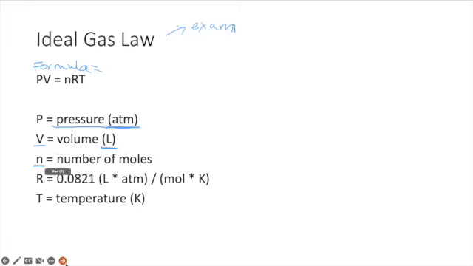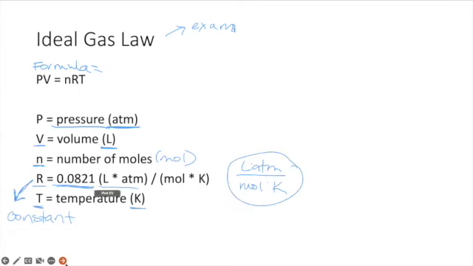N is the number of moles, where mole is the unit. R is this constant value. It's always this. And it has these crazy units. You can think of it as being L times atmosphere over mole times K. And unfortunately, we're going to see Kelvin because T stands for temperature, but measured in Kelvin. So the only reason that this number works is because this random constant value here has the units that cancel out all the others. So in the ideal gas law, units are important. Units matter.